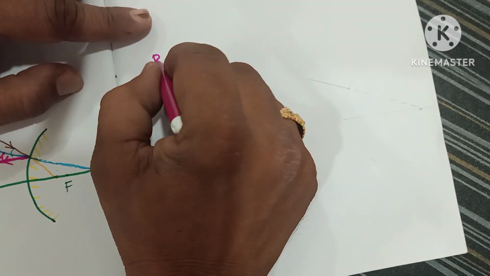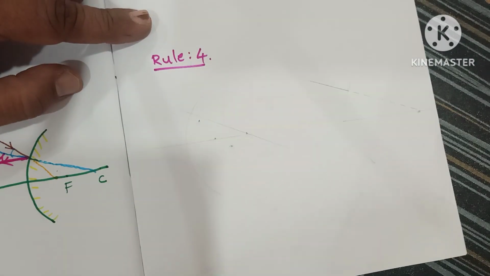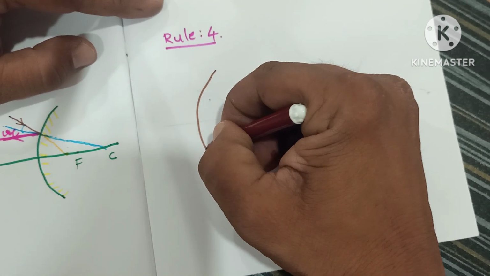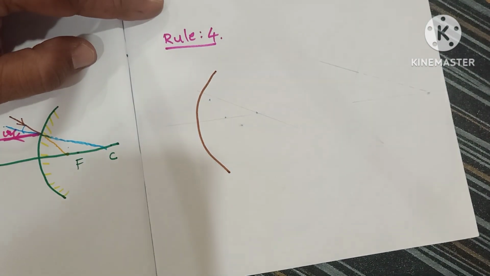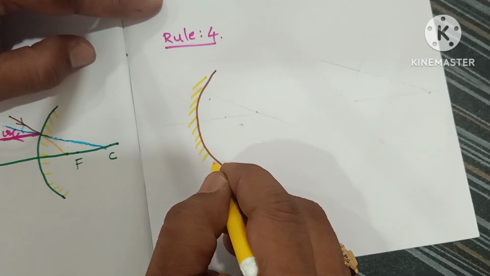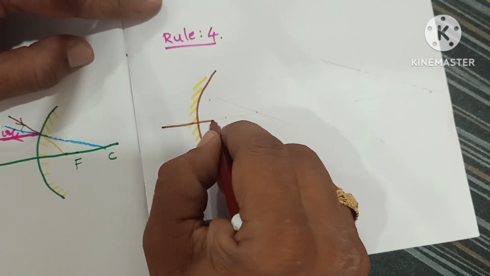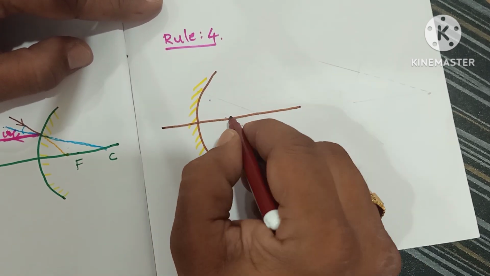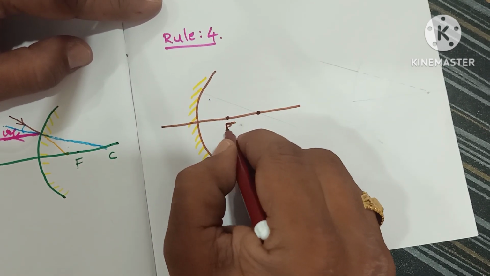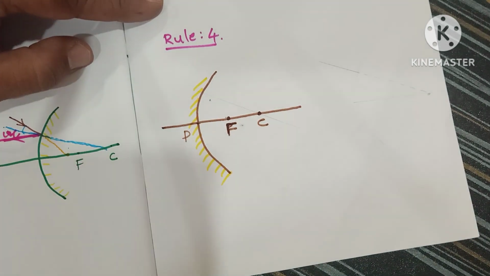Now let us see rule number 4. For that, again I am considering a concave mirror, and this is the principal axis, where it will have the focus and center of curvature.